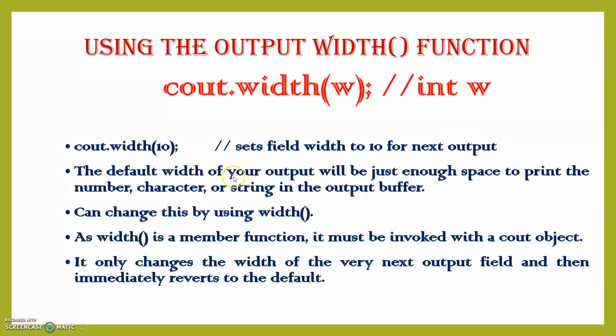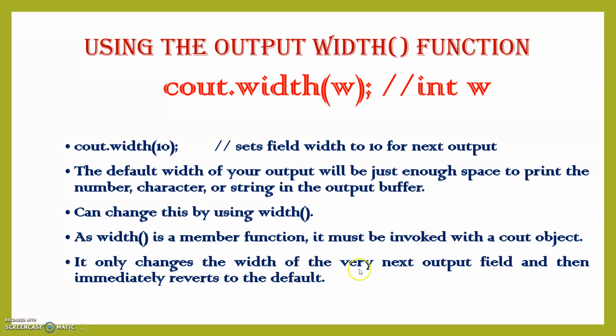So the default width of your output will be just enough space to print the number, character or string in the output buffer. But we can change that default width by using the member function width, and we can pass the parameter. It will set those number of columns for the next output that you want to have on your screen.